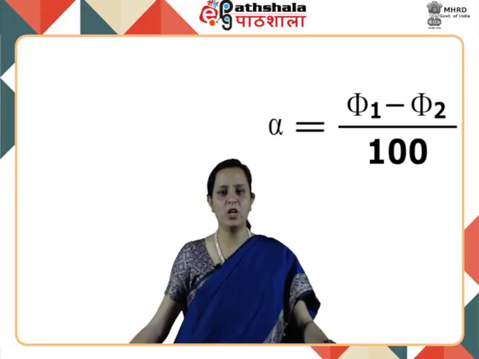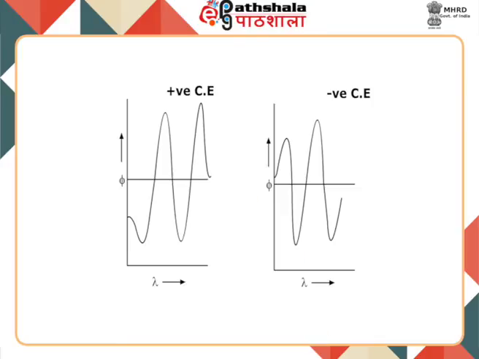So, molecular amplitude a equals theta 1 minus theta 2 divided by 100, where theta 1 is the molar rotation of the trough or peak from the shorter wavelength, and theta 2 is the molar rotation of the extreme peak or trough from the higher wavelength.